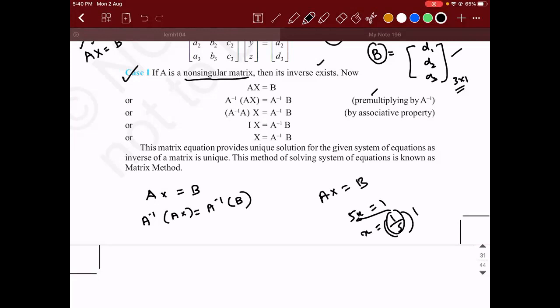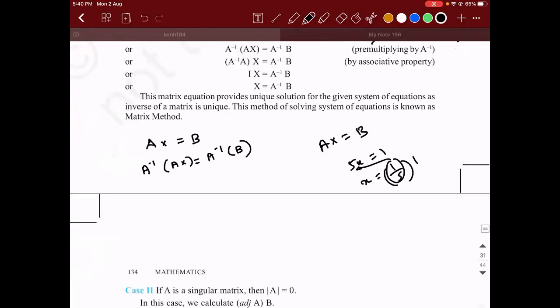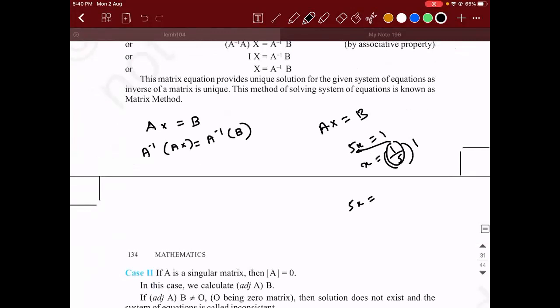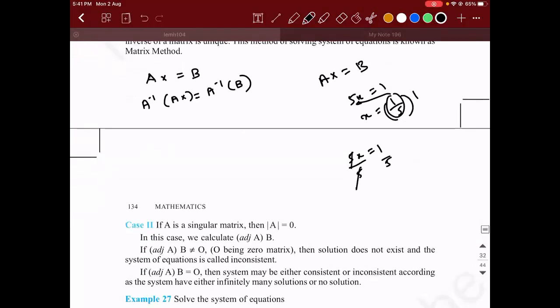Okay, but see, 5x is equal to 1. You are getting the 1 by 5 on the other side because you're actually dividing by 5 on both sides. This is a different way of solving, so that the 5 and 5 get cancelled, and x will be equal to 1 by 5 into 1. When you're dealing with numbers, you have the operation of division.